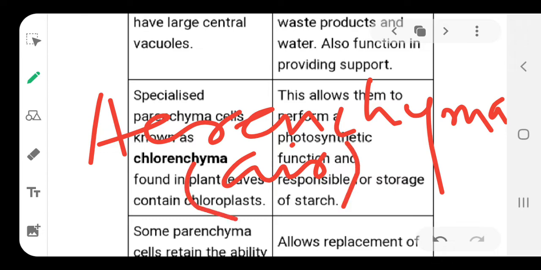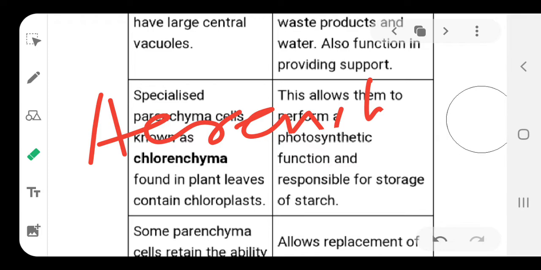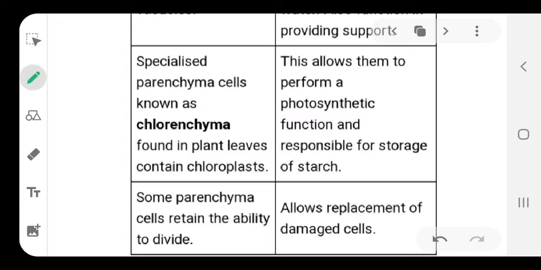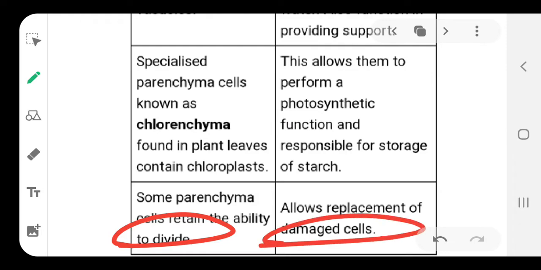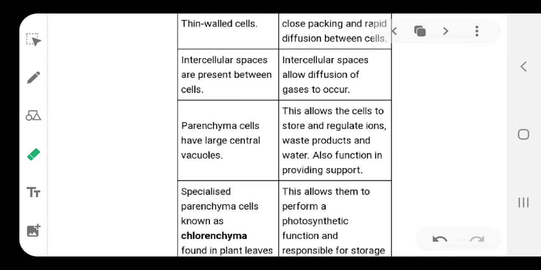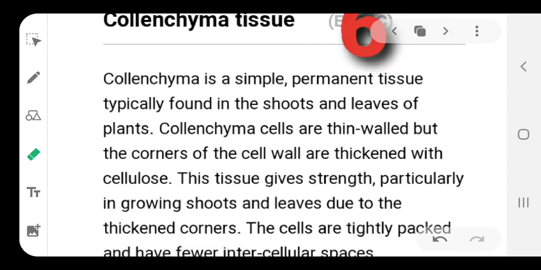Okay, this allows the plant to float in the case of aquatic plants, giving upward lift for the leaves to float when they are growing in an aquatic habitat or in a water body. Then you continue with the others. Some of the parenchyma cells retain the ability to divide, and they allow the replacement of damaged cells. So, when the cells get damaged, these cells take their place and perform the function. You can see in detail that all these functions are done by this parenchymatous tissue.